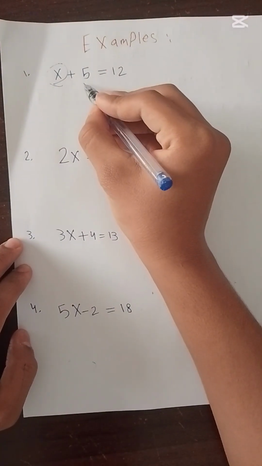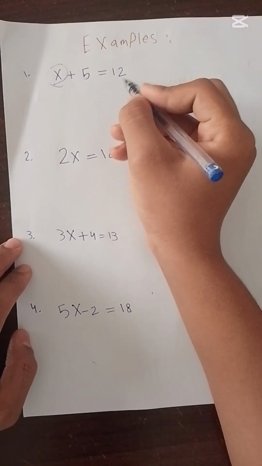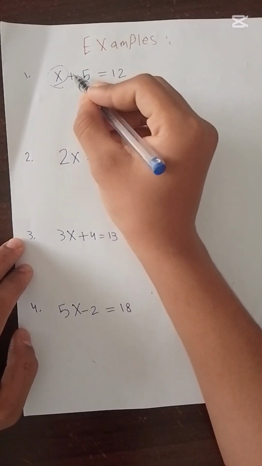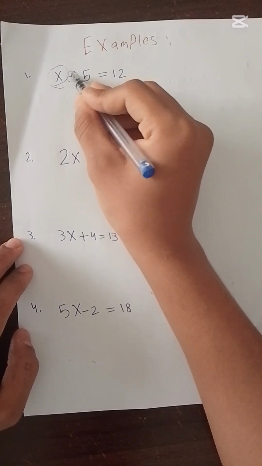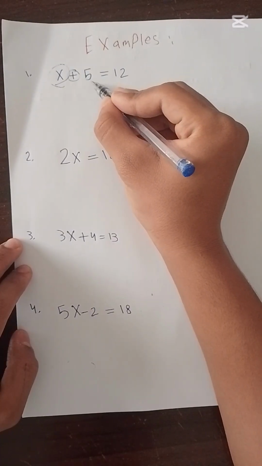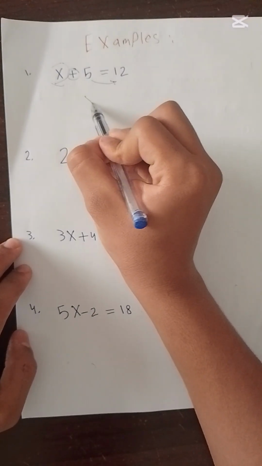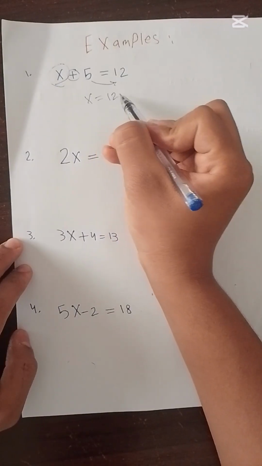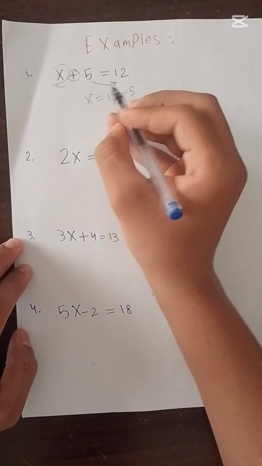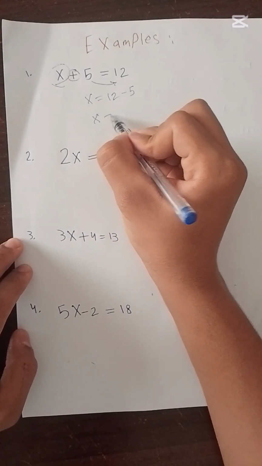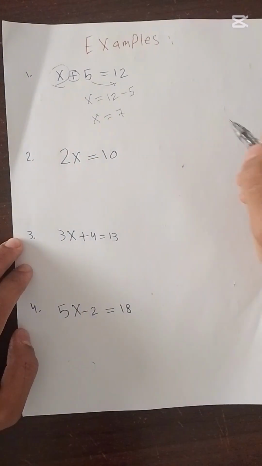So let's move 5 to the other side. The operation of 5 is addition, so we change it to subtraction. So x equals 12 minus 5. 12 minus 5 is 7, so x equals 7.